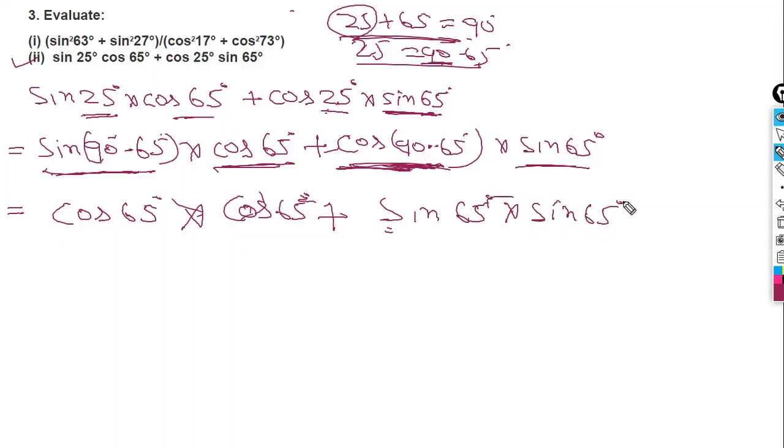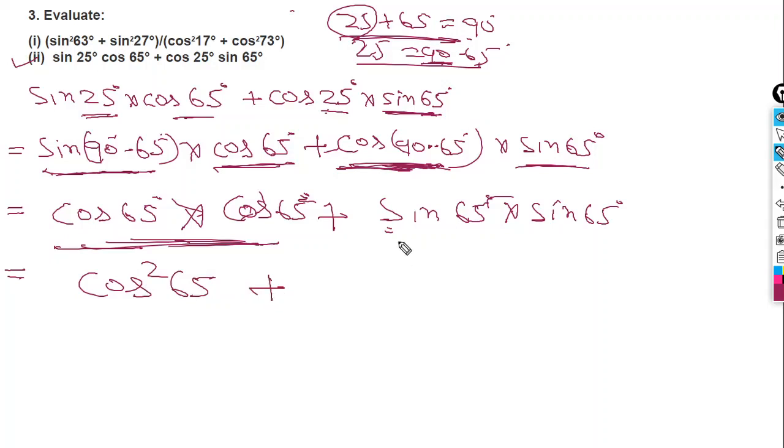sin 65 degree. Equals, you see, cos 65 into cos 65 will be cos square 65, plus sin 65 into sin 65 will be sin square 65 degree.